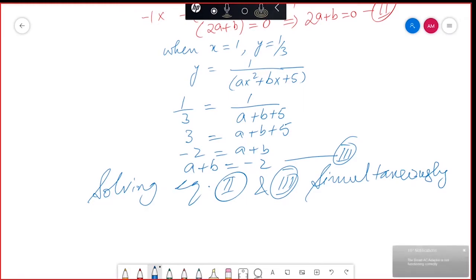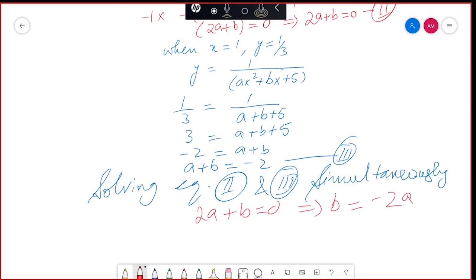Do you want me to tell you what I got? I got a equals 2 and b equals minus 4. We normally say a is equal to 2, with the variable first. Let me do it very quickly. We have the equation 2a plus b is equal to 0, so this implies b is equal to minus 2a.